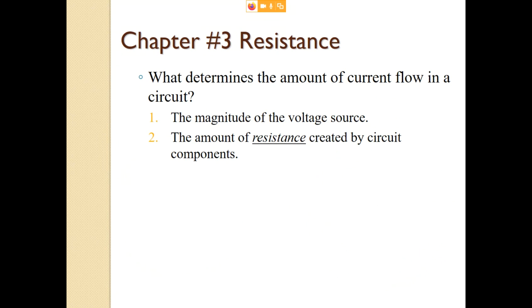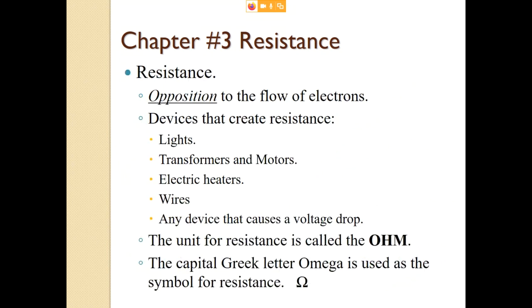All right, so now the amount of resistance in a circuit is due to the type of material. Okay. So again, resistance is the opposition to the flow of the electrons.